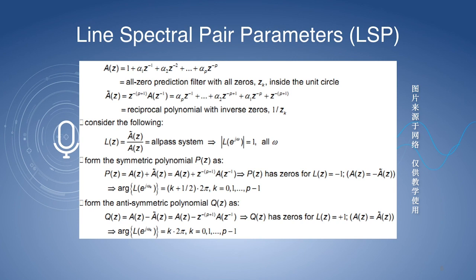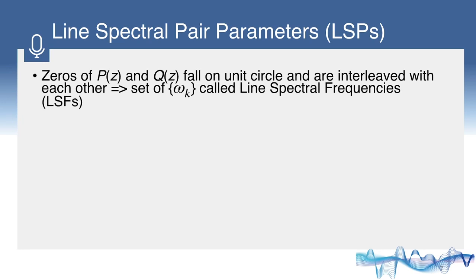Considering the all-pass system L(z), P(z) has zeros for L(z) equals -1, and Q(z) has zeros for L(z) equals 1. Zeros of P(z) and Q(z) fall on the unit circle and are interleaved with each other. The set of omega k are called linear spectral frequencies, LSF, which are in ascending order.